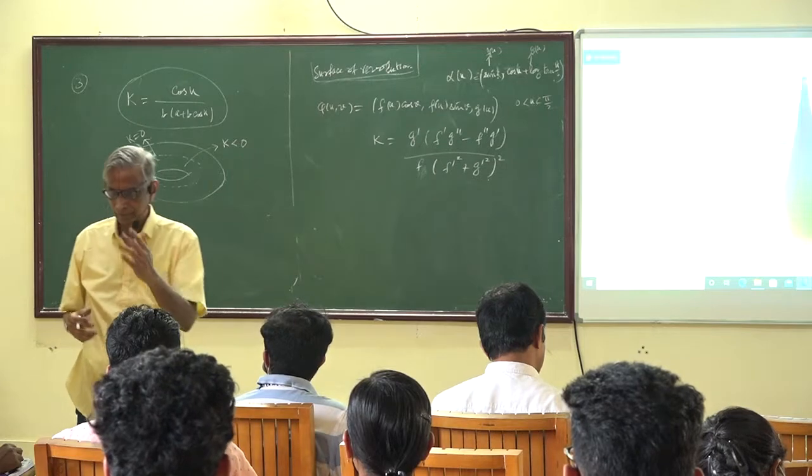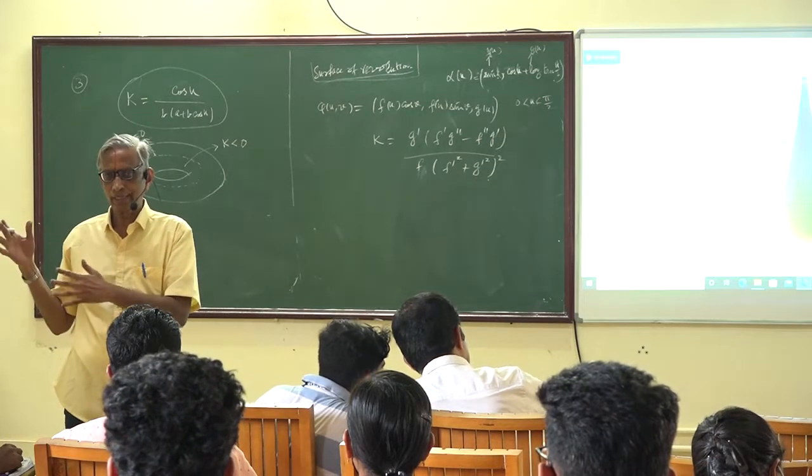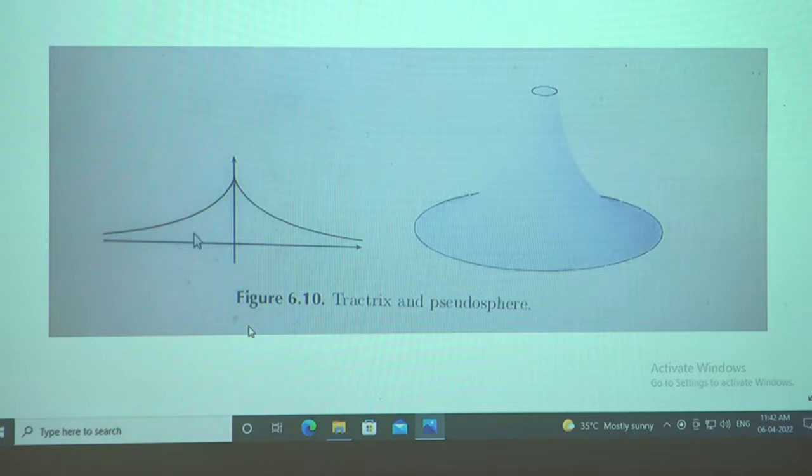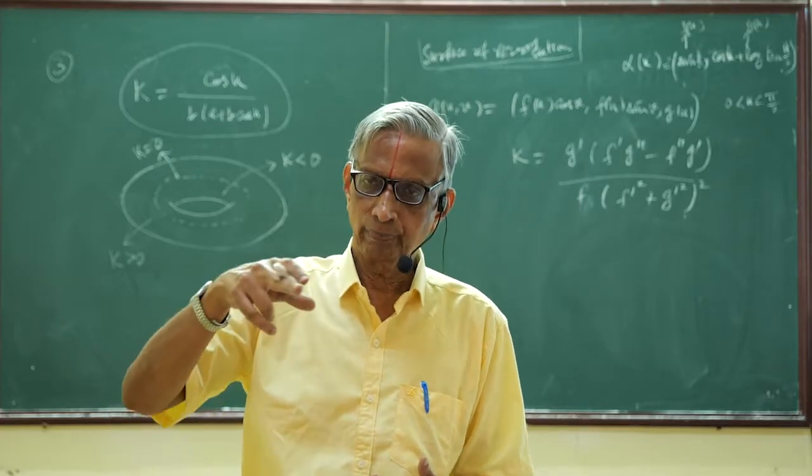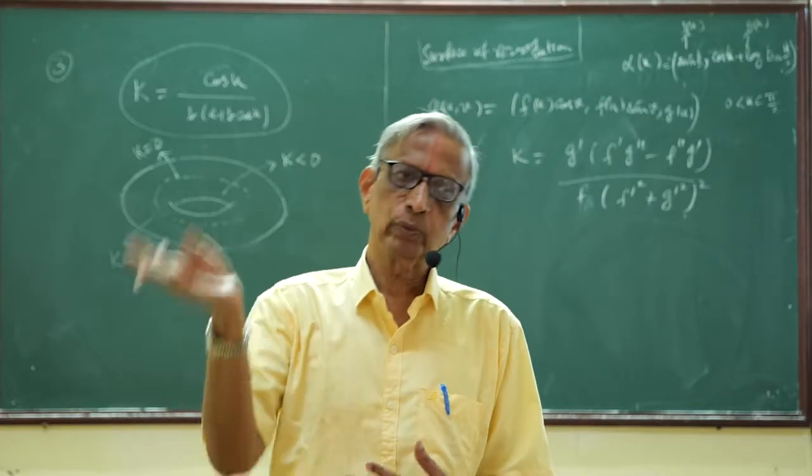So you take a curve, say in the YZ plane, and rotate the curve about the Z axis. To write down the parametrized form of the surface, you have to know the parametric equation of the curve that you rotate.